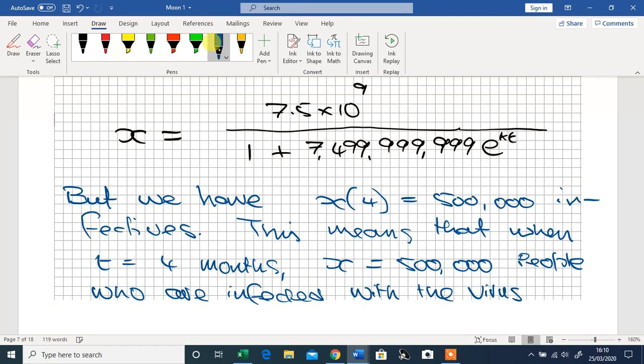That's COVID-19. Right, okay, so what do we do? Well, we substitute in 500,000 here, and we substitute 4 in for t.